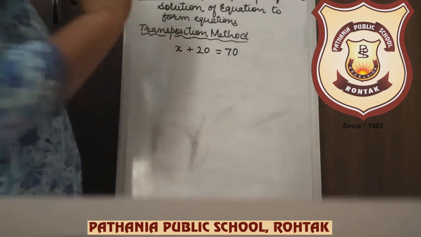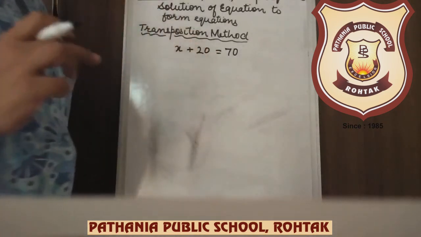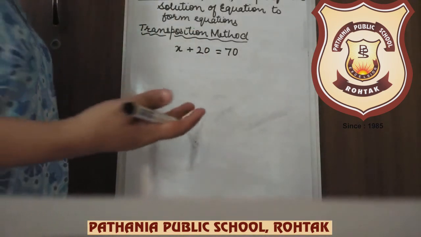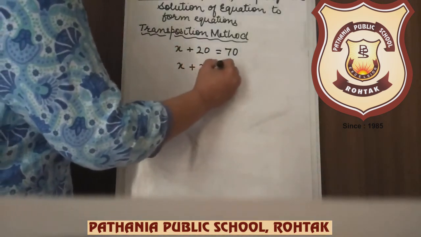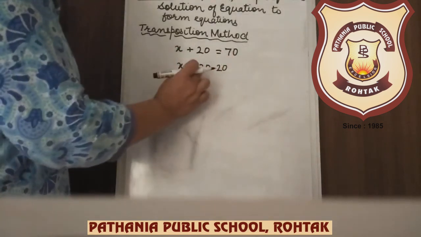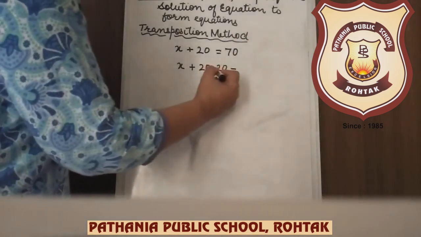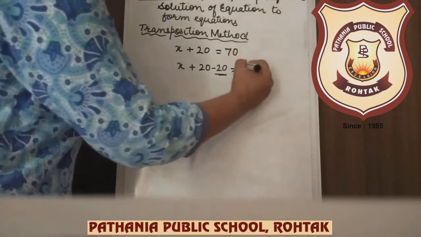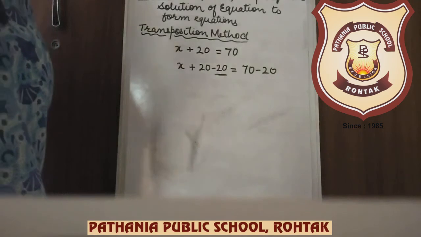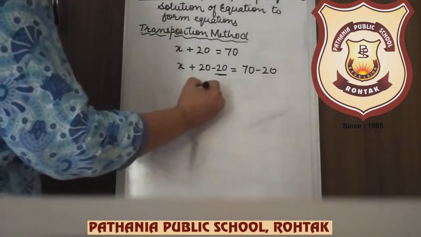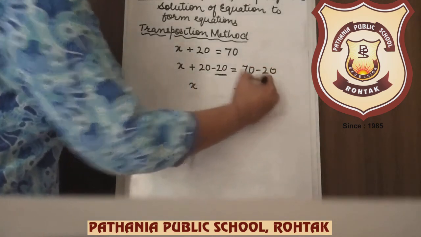Now you know that the variable is to be kept on left hand side, but we have this 20 extra over here. I don't want 20 to be here. So what will I do? This is positive 20. So I will subtract 20 so that this will become 0. So if I am subtracting this 20 on left hand side, I am going to subtract 20 also on the right hand side. So this will become 0 and 70 minus 20 is 50.